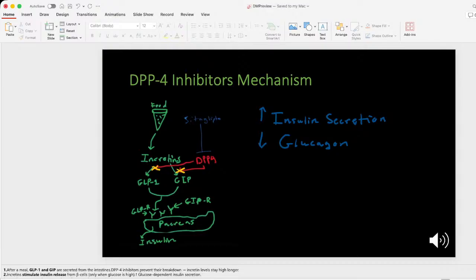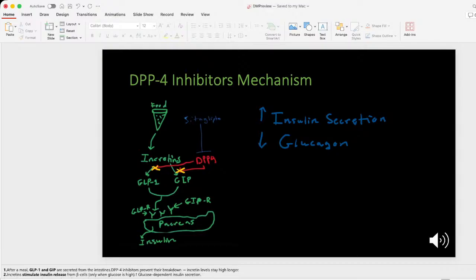It's a little bit different here because the DPP4 is actually going to slow down the process of breaking up incretins in this case. You can see here in this diagram that after a meal, GLP-1 and GIP are secreted from the intestine.